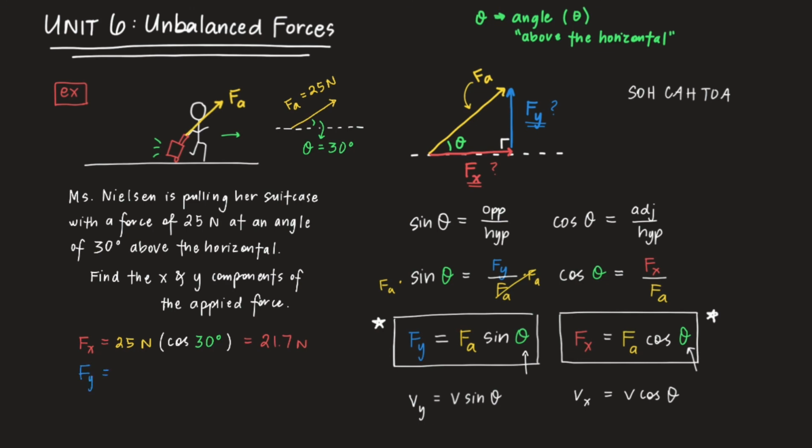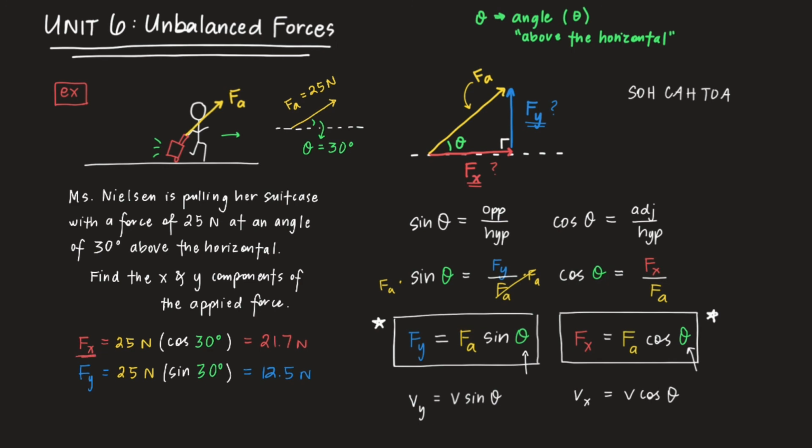Same thing with my Fy. My Fy is going to be equal to 25 newtons times the sine of 30 degrees. If I plug that into my calculator, I will get that the force in the y direction, how much I'm pulling up, is 12.5 newtons up. That's my Fy.